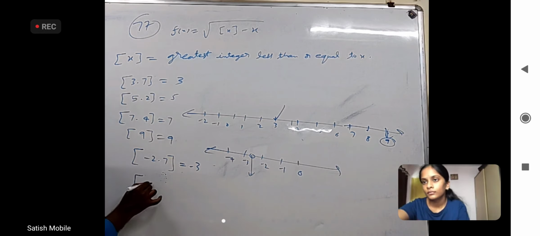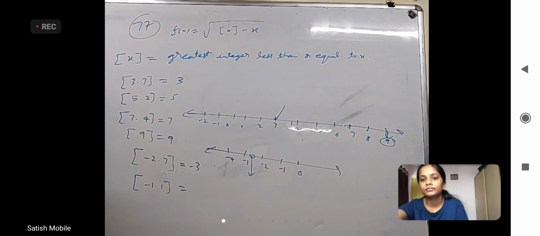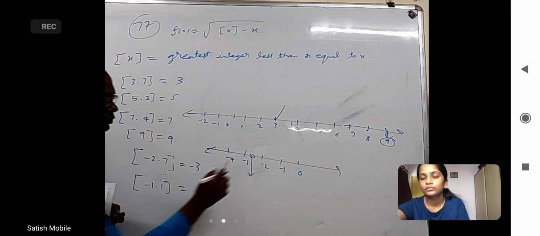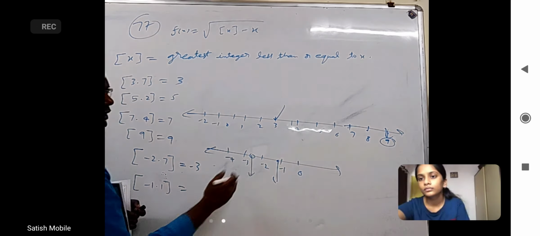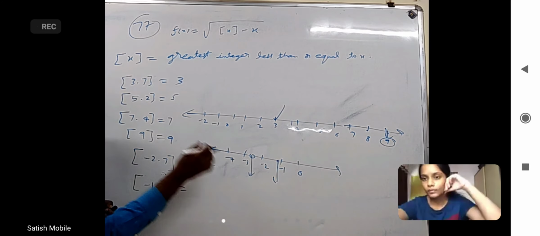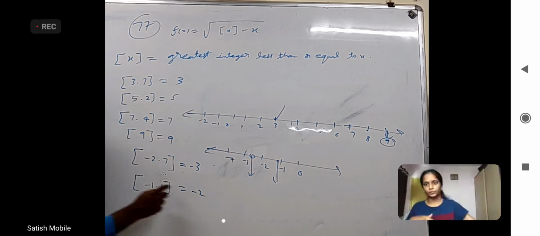If I take minus 1.1, what do you think will be the greatest integer less than that? Minus 2. Minus 1.1 will be this side, not that side. So, if you take this number less than that, minus 2, minus 3, minus 4 are there. So, it is minus 2. Okay. So, this looks like one extra than what we should be getting.